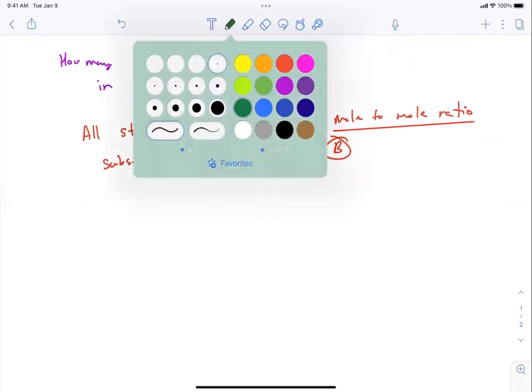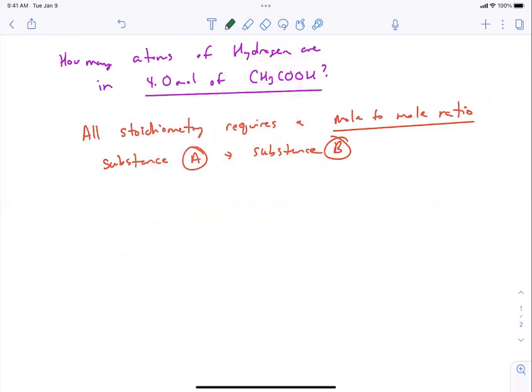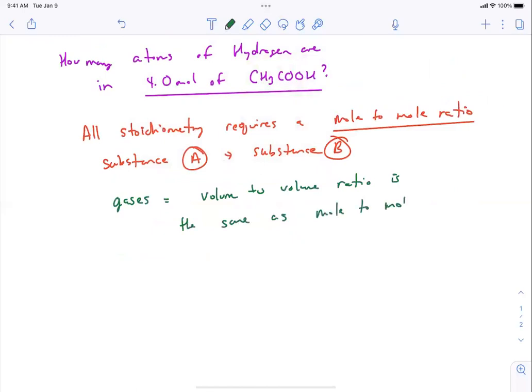Now, having said that, for gases, the volume to volume ratio is the same as the mole to mole. Because all gases occupy the same volume with the same amount at a given temperature and pressure, the volumes can also be the same proportion.